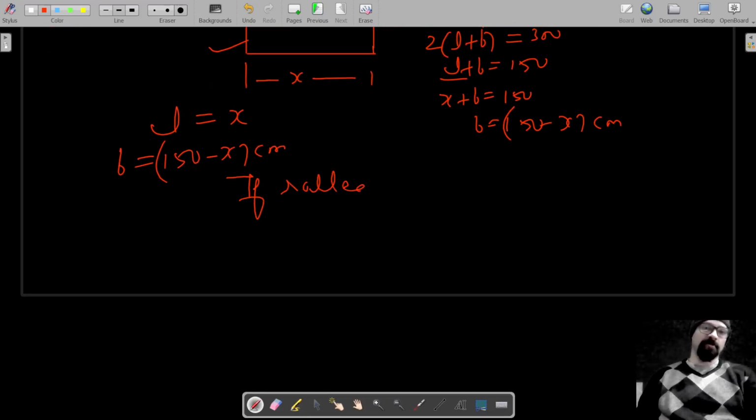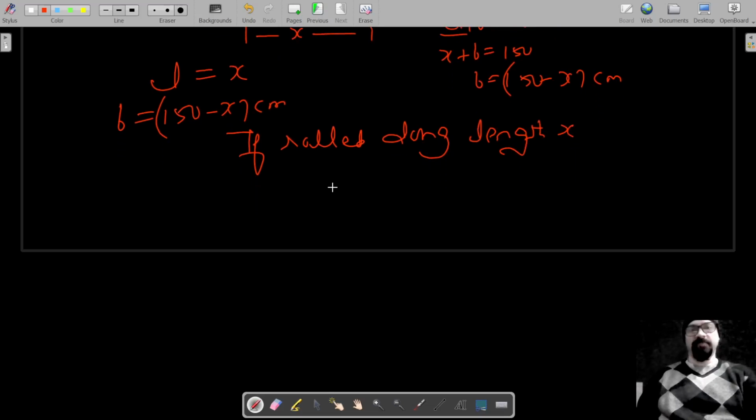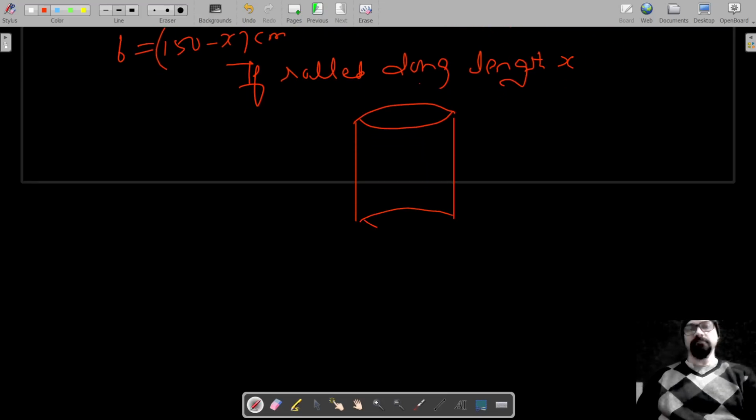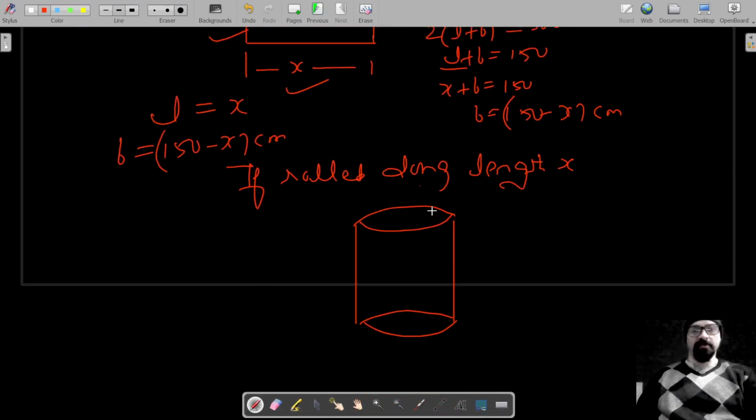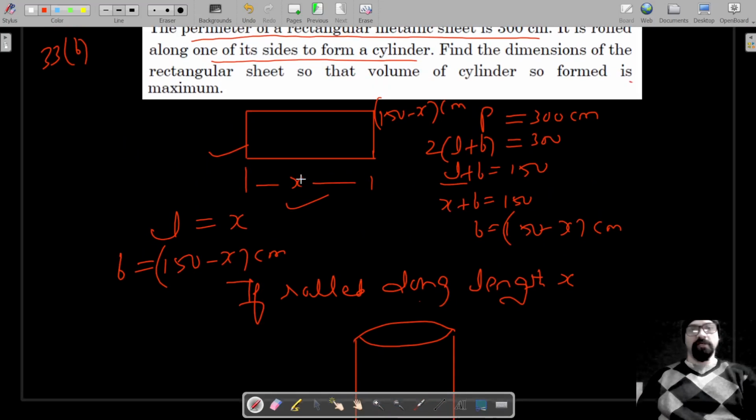So if rolled along length x, this will be the cylinder. Now, if rolled along x, the circumference of this circular top or base will be equal to x.